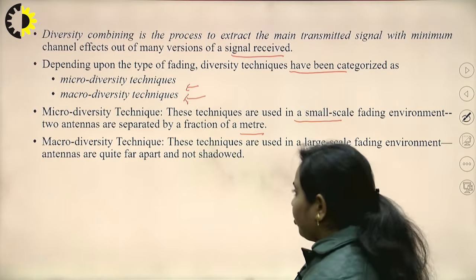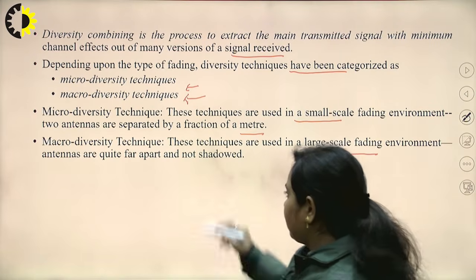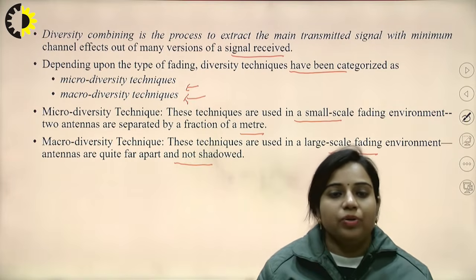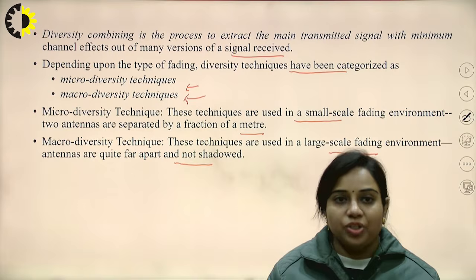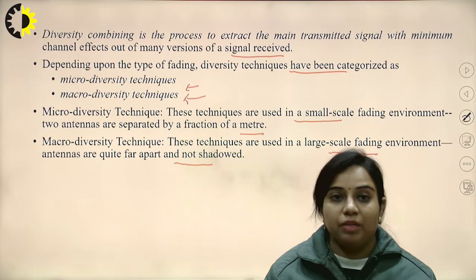In the case of macro diversity technique, these are used in a large scale fading environment. Antennas are quite far apart and not shadowed. Shadowing, attenuation and fading are the three different drawbacks of multipath propagation.